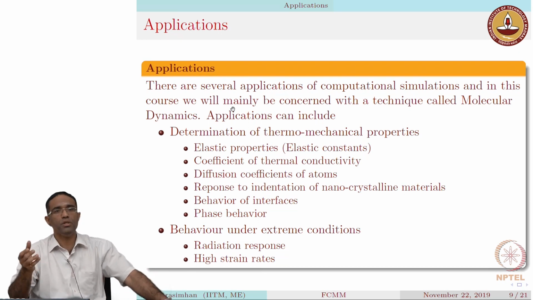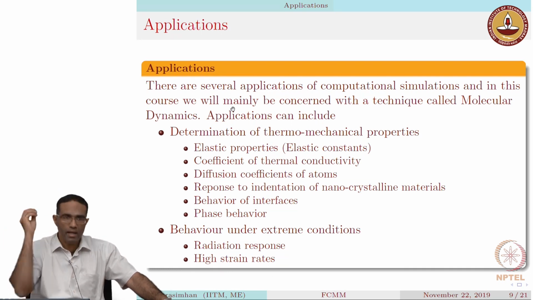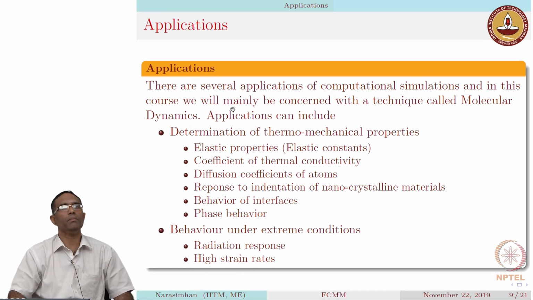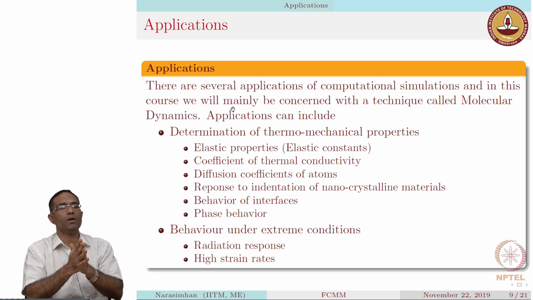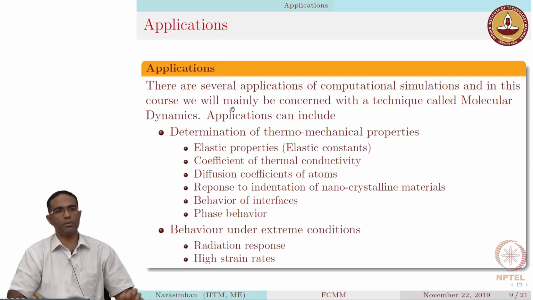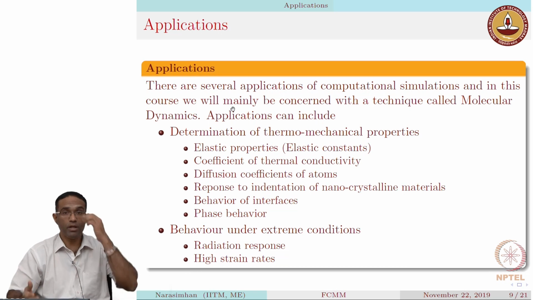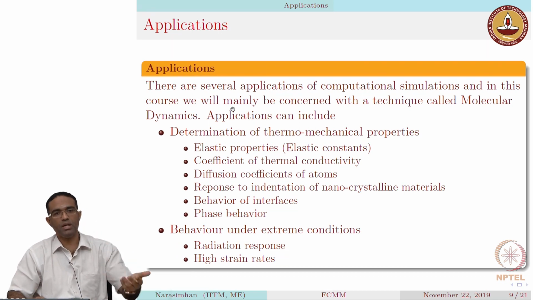If you look at materials being placed in a nuclear reactor, they are constantly subject to radiation. When I say radiation damage, it essentially means an ion or an atom or a neutron coming and hitting the material, say the structural material which is holding the nuclear fuel. The atoms in this material are displaced from their original positions because of this bombardment, and a large number of point defects like vacancies and interstitials are generated, and over a period of time these vacancies and interstitials degrade the material's properties.